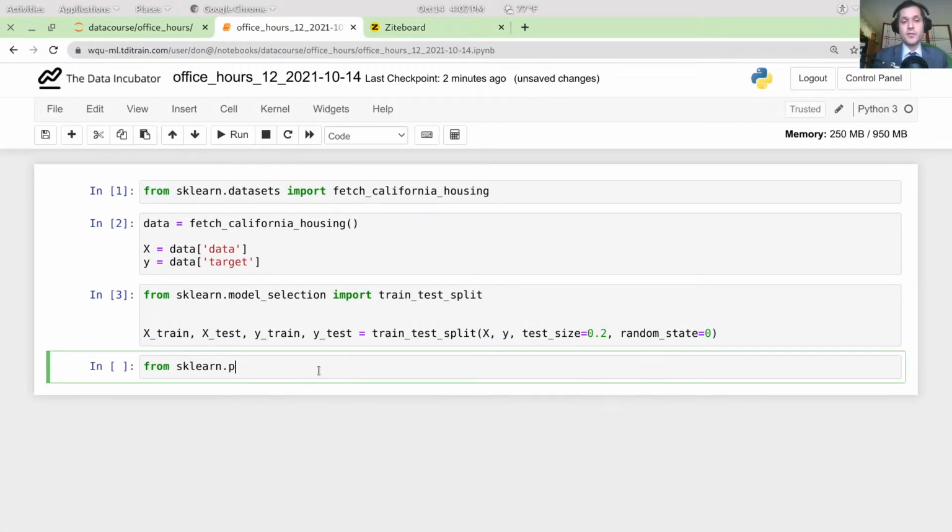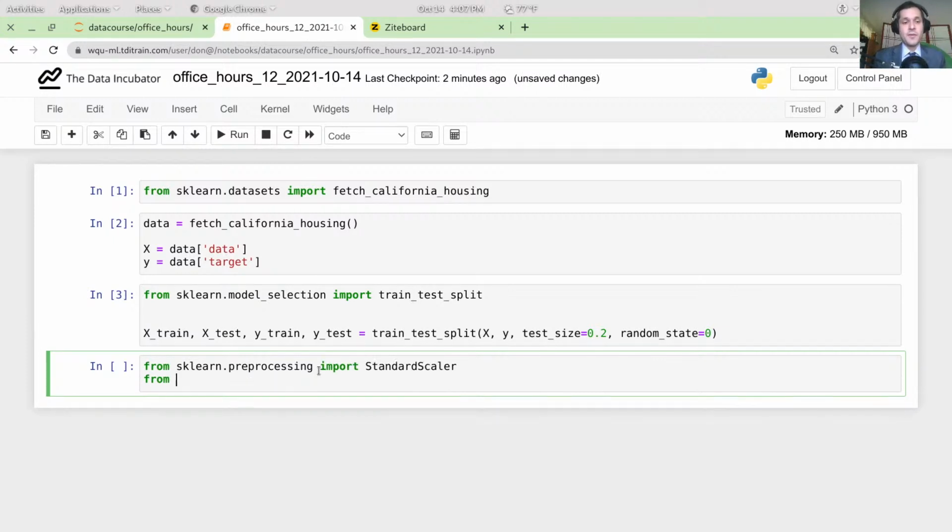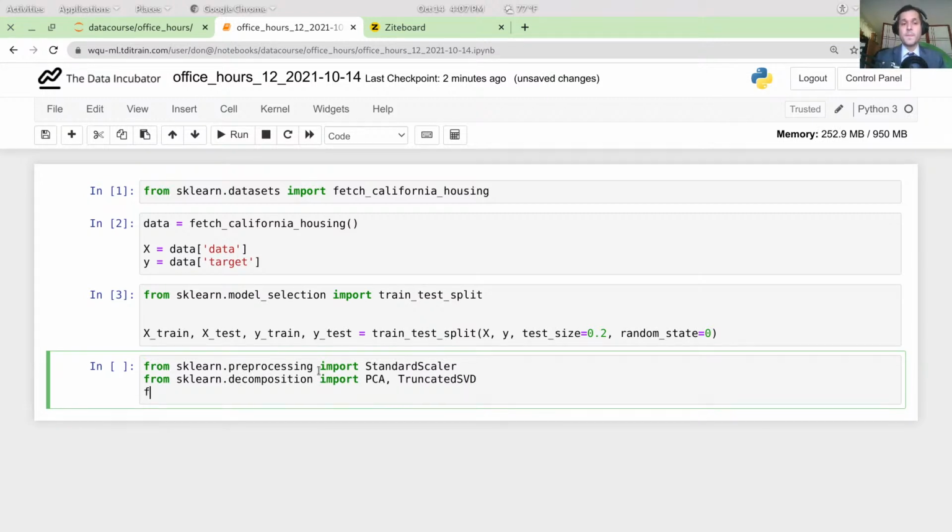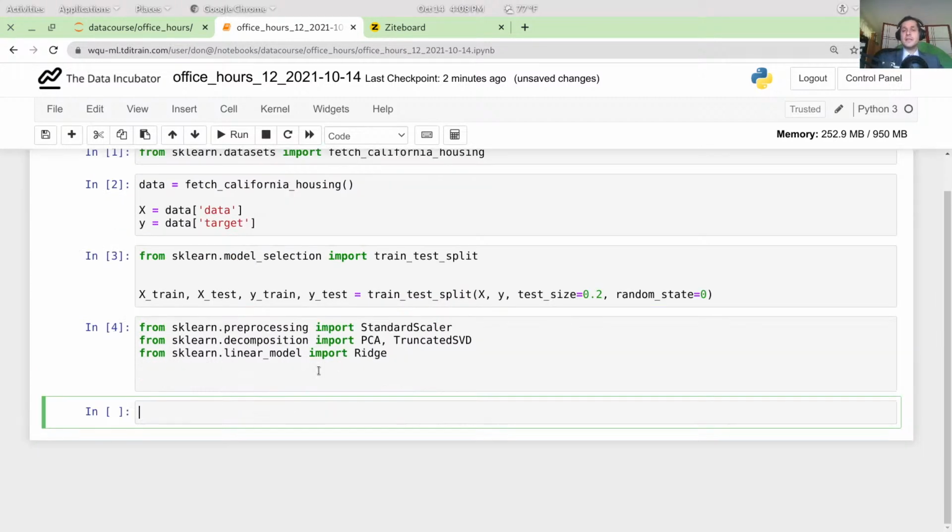So from sklearn preprocessing, import my StandardScaler. And from sklearn decomposition, import PCA and TruncatedSVD. And from sklearn linear model, import Ridge. Imported things I'll be playing around with there.